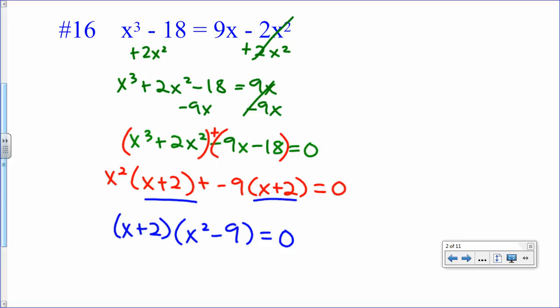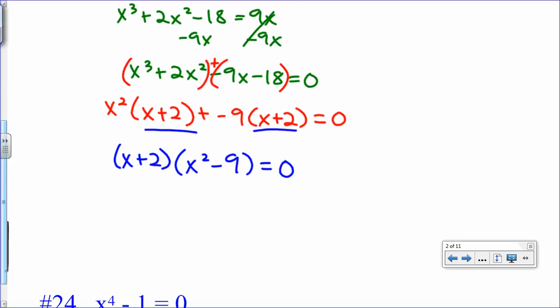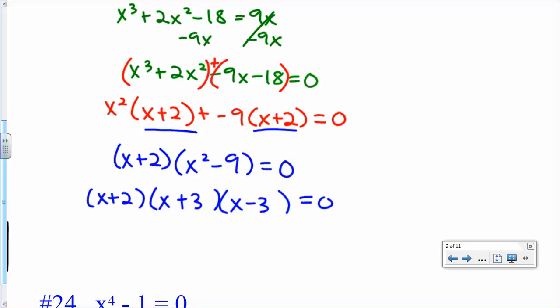But I noticed that x squared minus 9 can factor more. What does x squared minus 9 factor to? Good. X plus 3, x minus 3. Now that you have linear factors, and you could actually do it with just quadratic factors too, you could do the zero product property.